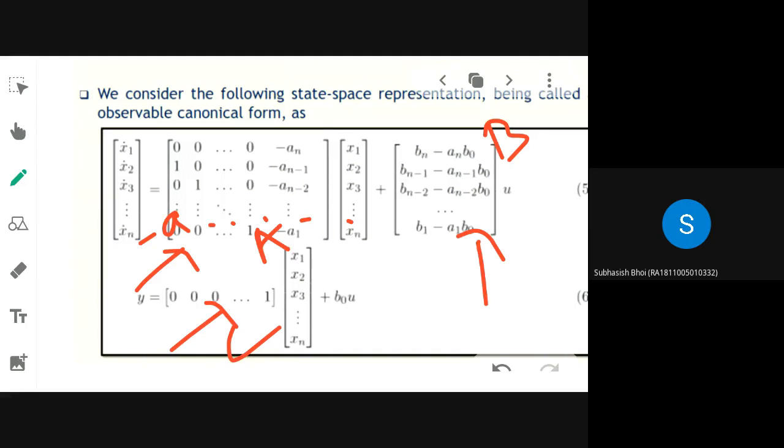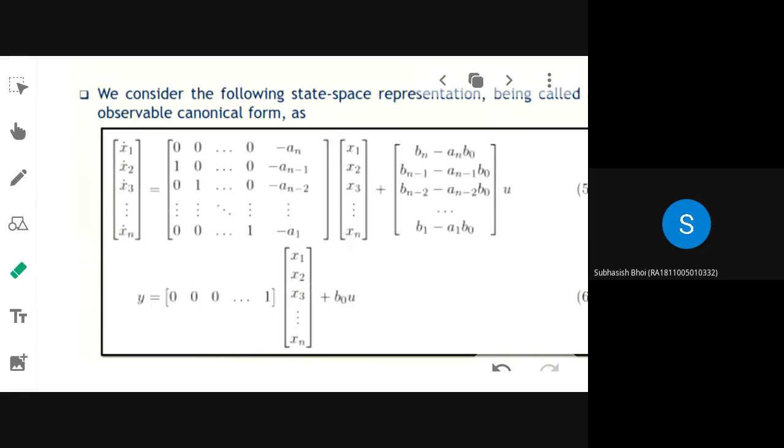Now the coefficients are coming in the A matrix as a column, and this difference was coming in the C matrix. Now it is changed. So you have to observe these changes if you want to obtain the observable canonical form, controllable canonical form or diagonal canonical form. These three formulae you have to remember. With these three formulae only you will be able to solve problems.